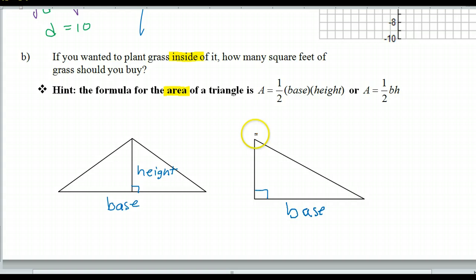But now the altitude is actually this side of the triangle. So in this case, this side of the triangle right here is actually the height. Okay, so this would be the base and this would be the height. Okay, so keep that in mind.